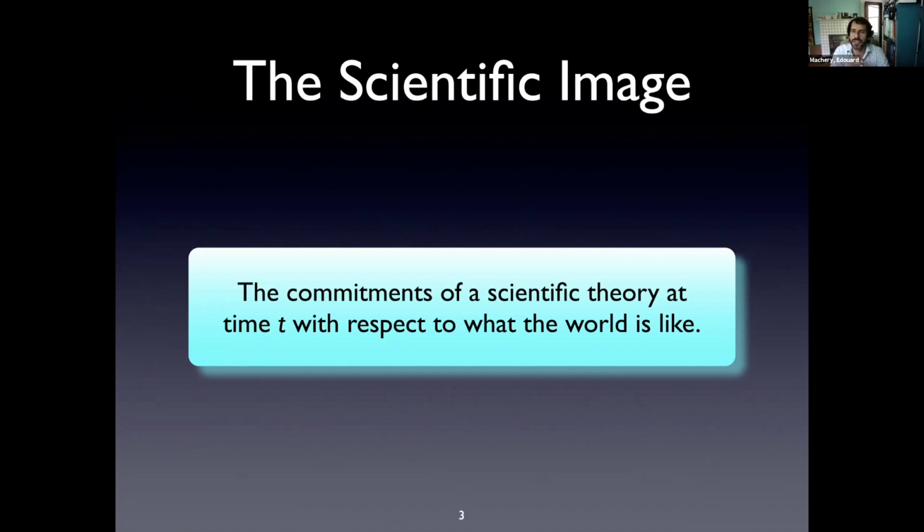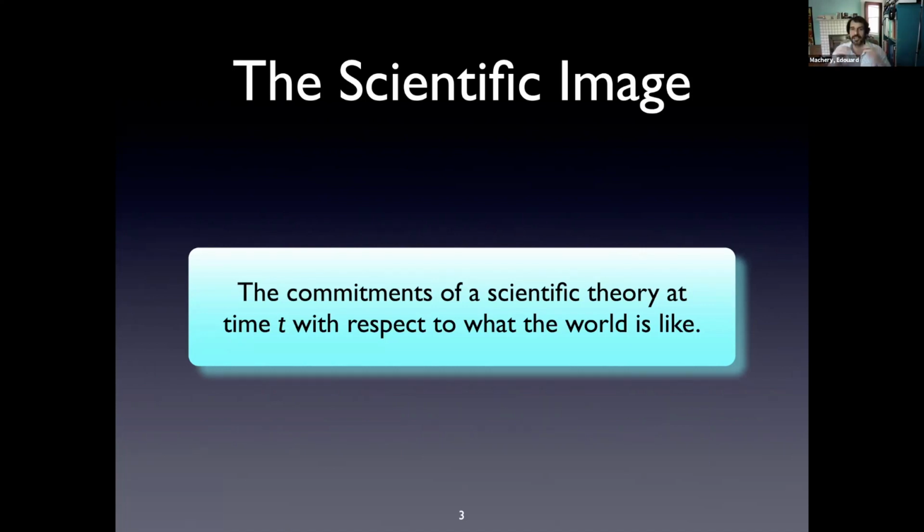Now, there are a lot of things to be said about the scientific image, as there are about the manifest image. For example, one may be skeptical that scientific theories are really saying anything about what the world is like. If you have constructivist inclinations about science, you're going to be very reluctant to take for granted that there is such a thing as a scientific image or even scientific images.